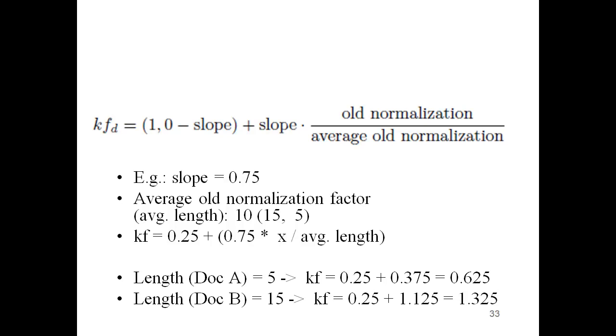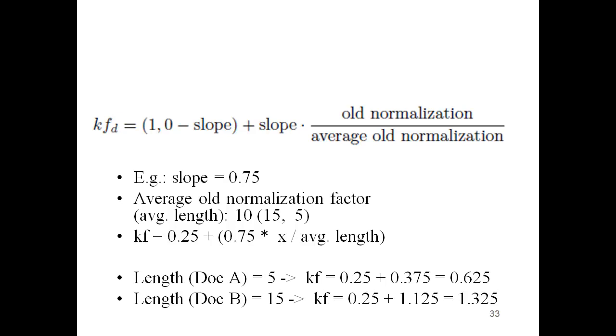And here is the formula. 1 minus slope plus slope times old normalization average old normalization. What does it mean? The average old normalization factor was between... we have 2 documents.